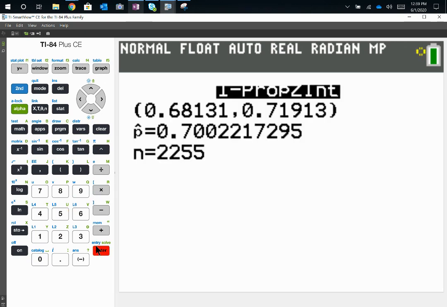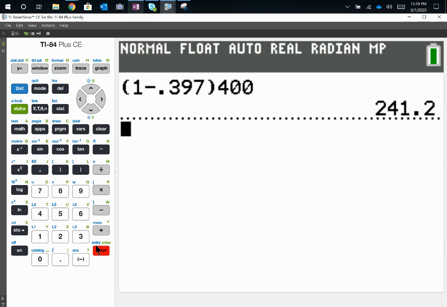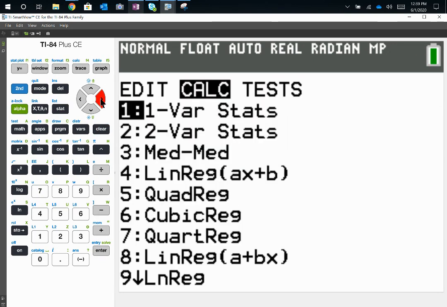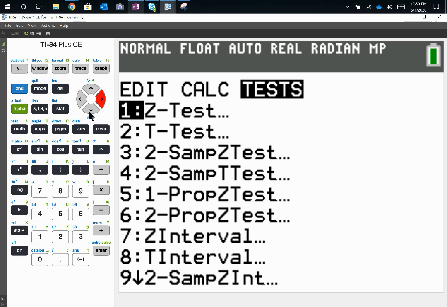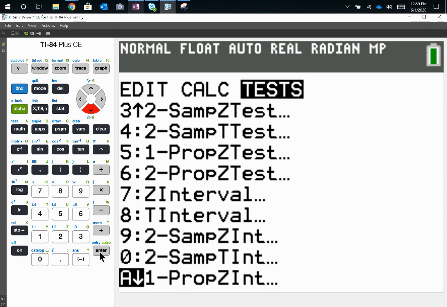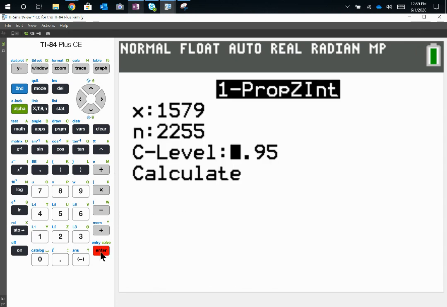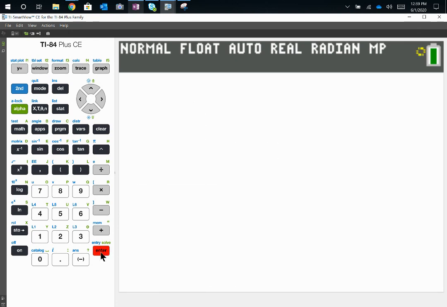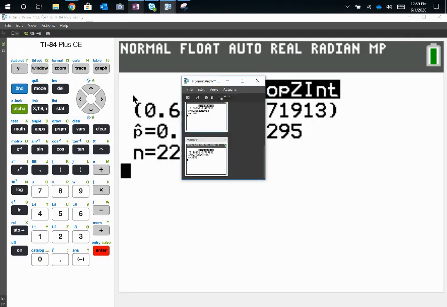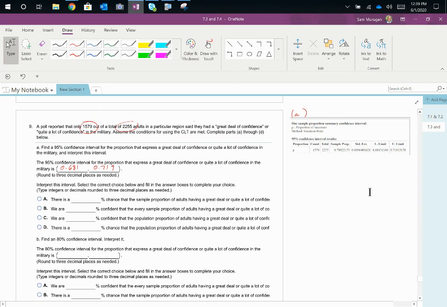Enter, enter, enter. And it will give you 0.681. So you can also use this if you want to use the TI-84 program. They're both very easy and straightforward to use, okay?